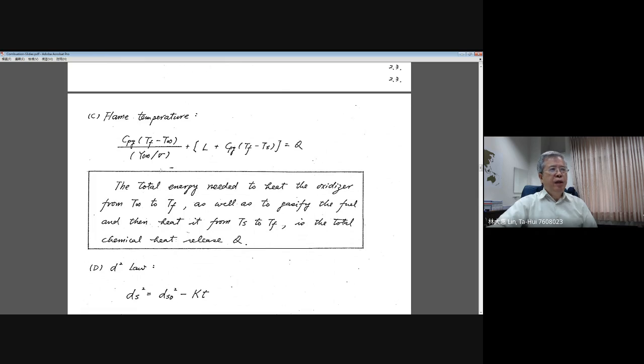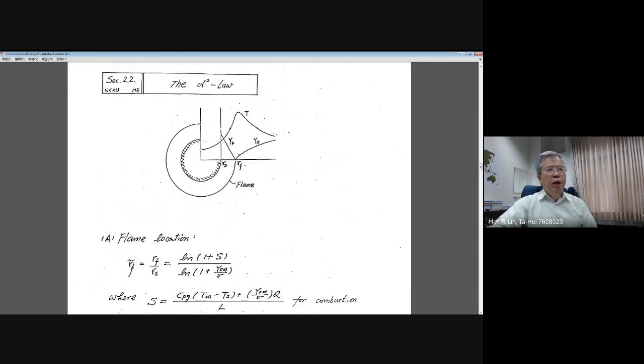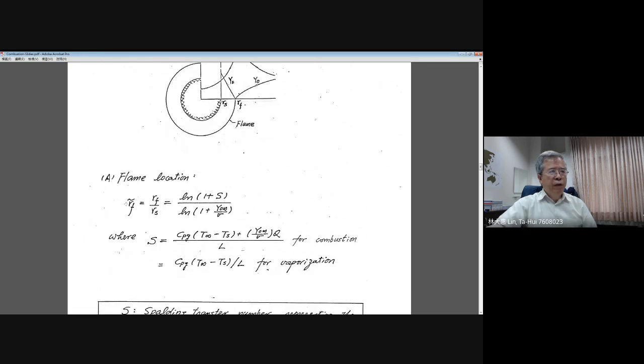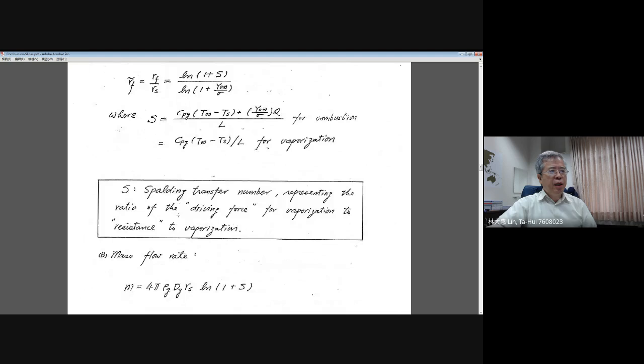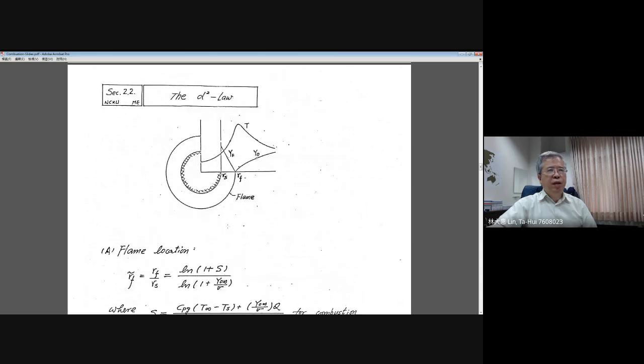Now, as I mentioned, there is an important matching at the liquid surface when you have solutions from the gas phase. Actually, the first formulas for flame location, mass flow rate and flame temperature were justified from the theoretical formulation based on the gas phase environment.